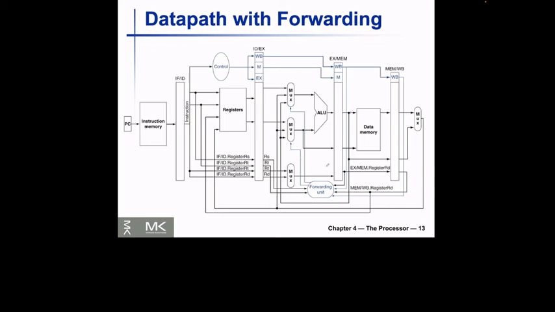So if this forwarding unit finds that the current RS is the previous RD, it will enable this line, because this is the sum of the previous instruction. If the forwarding unit finds that the RS equals the RD of the previous instruction, then it enables this line, because this line connects to the output of the previous instruction.